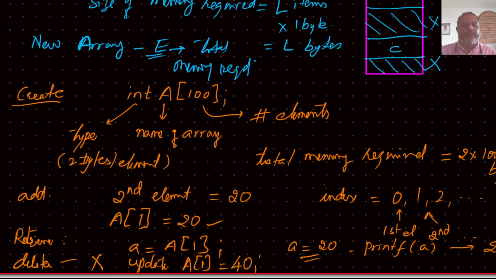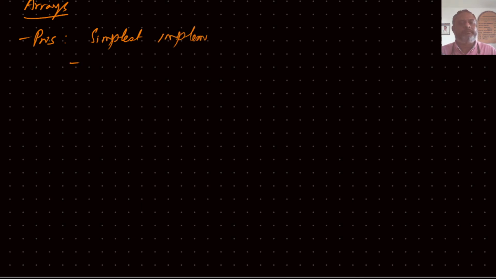So the pros for arrays: it's the simplest way of implementation, and even the fastest possible.